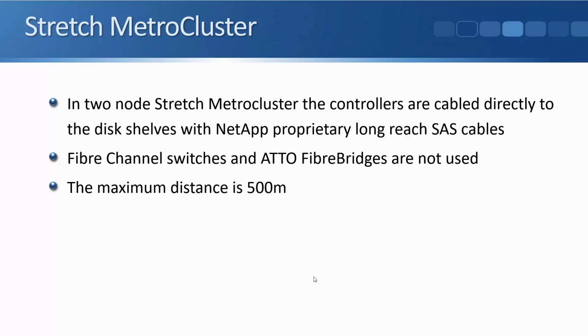In 2 node Stretch MetroCluster, the controllers are cabled directly to the disk shelves with NetApp proprietary long reach SAS cables. Fiber channel switches and 8.0 fiber bridges like we use in Fabric MetroCluster are not used, they're not required. The maximum distance here, because we're using SAS cables, is not going to be as long as fiber channel, it's up to 500 meters.